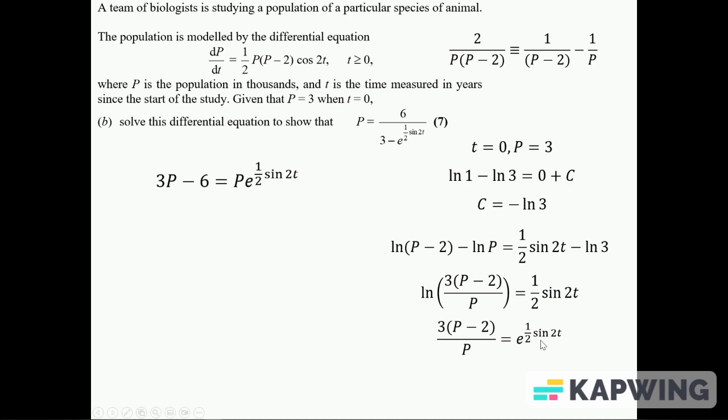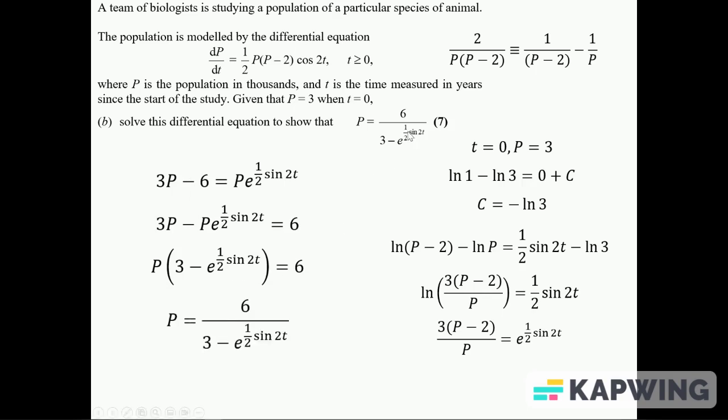P times e to the half sine 2t, and then it's 3p minus 6 on the left hand side. I'm going to take this term over and the minus 6 over as well, so to get the p terms on one side and everything else on the other, I can then take out the p as a factor. 3 minus e to the half sine 2t, times p, is equal to 6, and divide by that factor, and I get the required result.